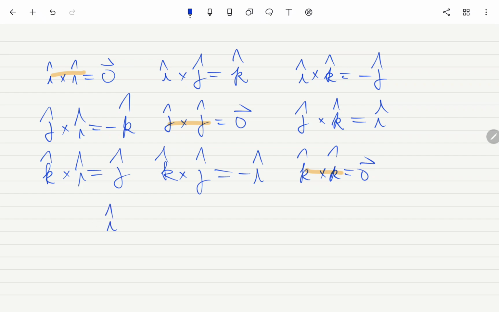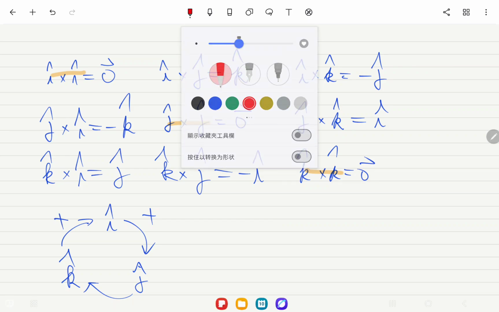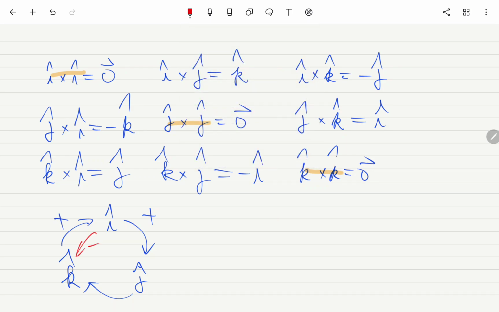So what makes it easier is if we write i, j, k like this. If it is clockwise, it will be positive. If it is counterclockwise, it will be negative.